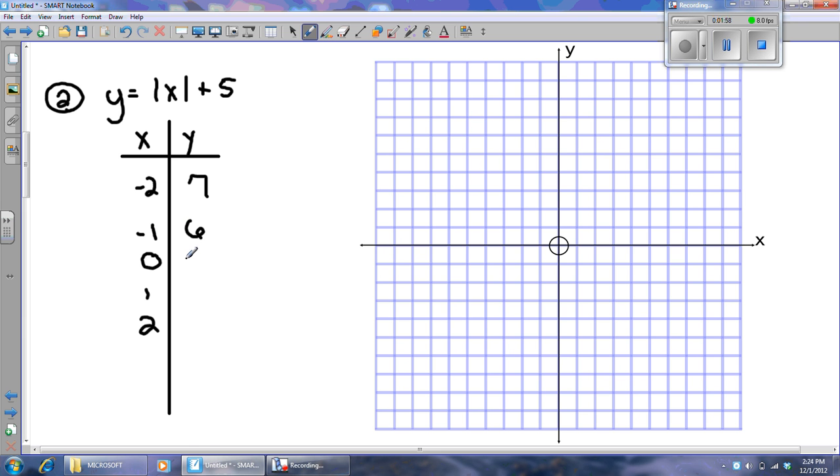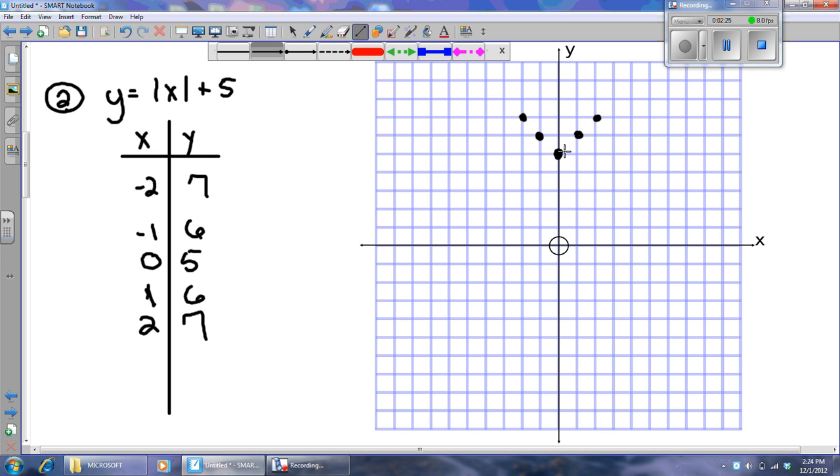Absolute value of 0 is 0 plus 5. Absolute value of +1, 1 plus 5 is 6. And absolute value of 2 is 2 plus 5 is 7. And so I end up getting, let's see, 1, 2, 3, 4, 5. And notice it looks like the same exact equation, only the vertex is moved.